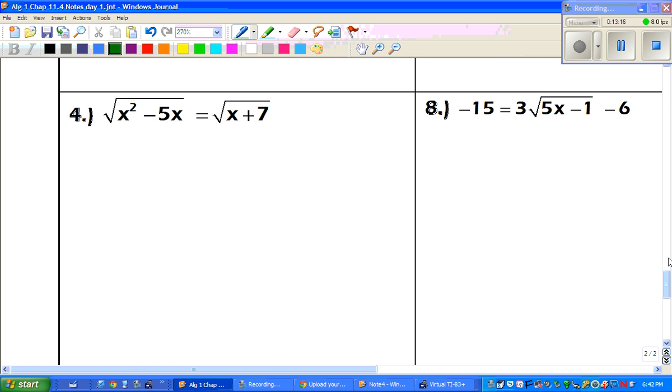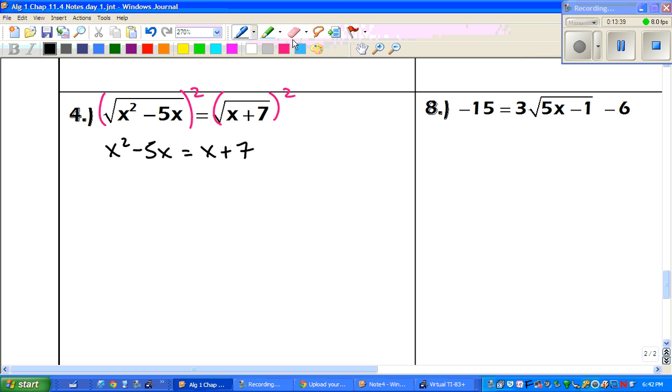All right, so last problem for today. We are going to square both sides, and we're left with x squared minus 5x equals x plus 7. And now what type of problem do we have?